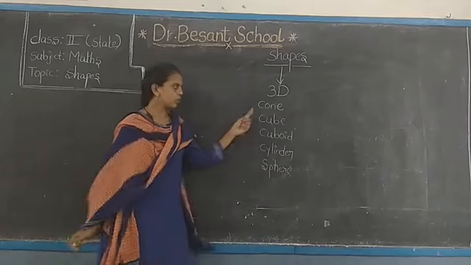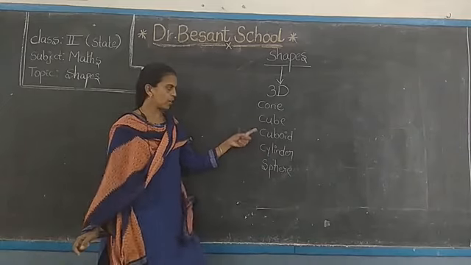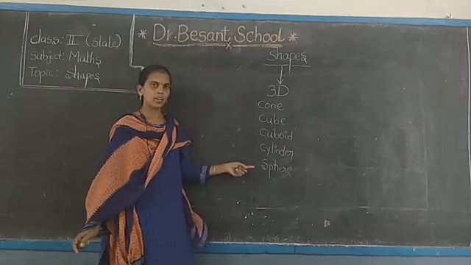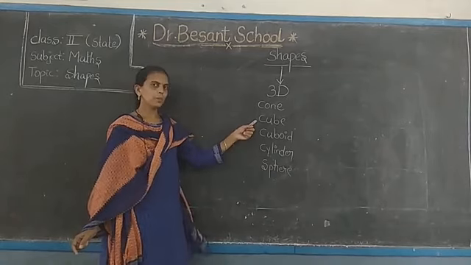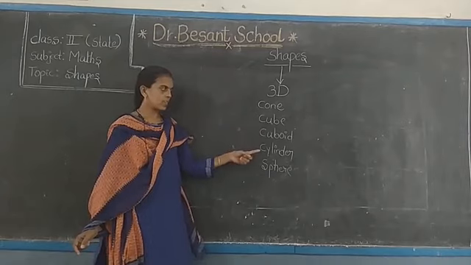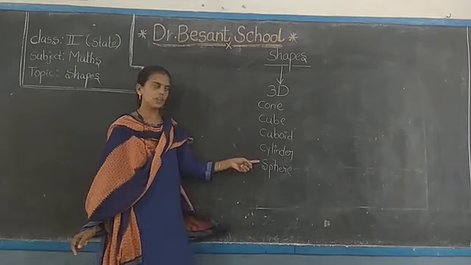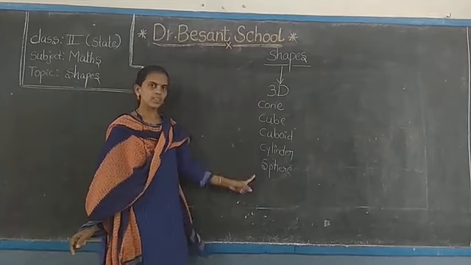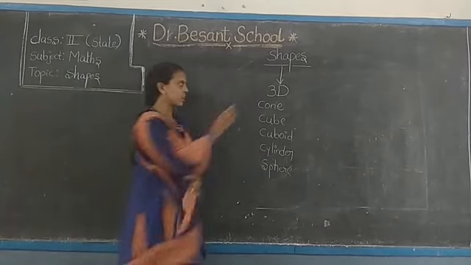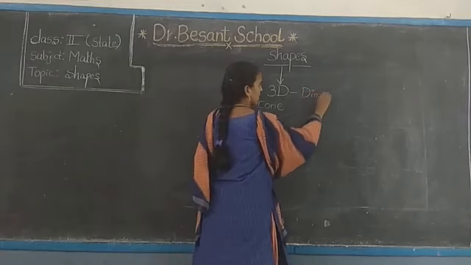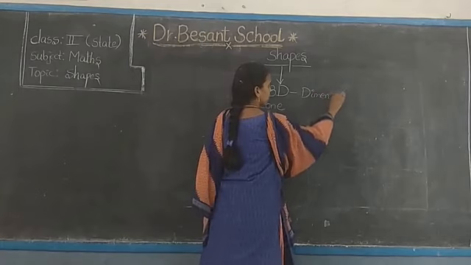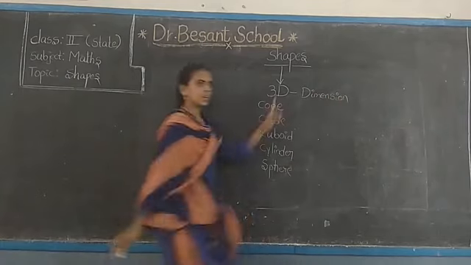Cone, cube, cuboid, cylinder and sphere. Read along with me. Cone, cube, cuboid, cylinder and sphere. So what are these called? Three-dimensional figures. D is nothing but dimension.